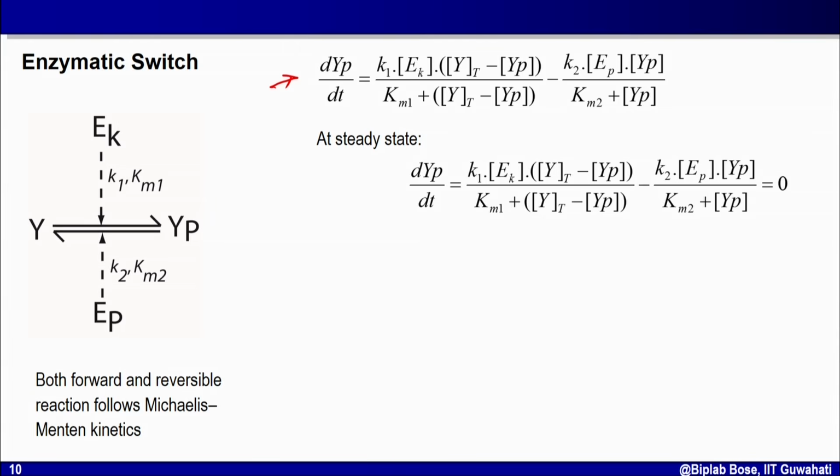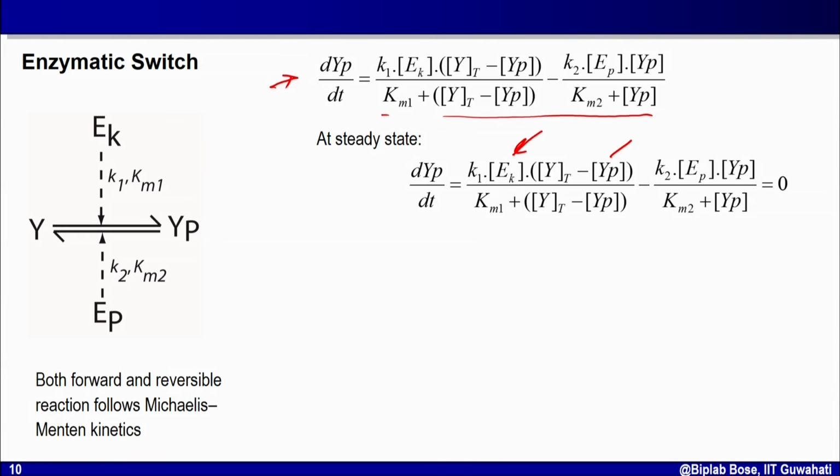So, I can write dYP/dt equal to 0, that means this whole algebraic relation will be equal to 0, and then I can separate out different terms on the left hand side and right hand side. In this case, I will try to separate out EK, the total concentration of the kinase enzyme, and YP on both sides of the equal sign.